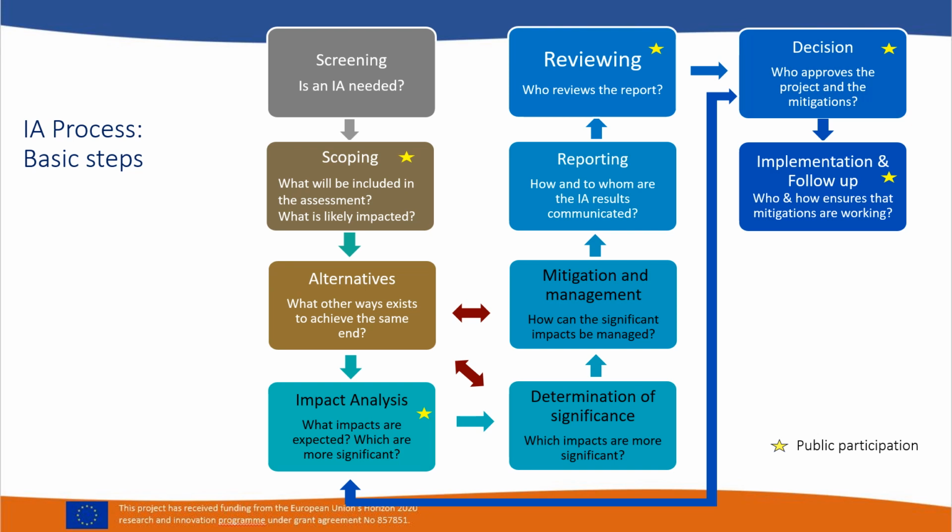Once there is a preliminary identification of impacts that need to be included in the scoping, the next step is the analysis of impacts. And the purpose of this step is to determine what impacts are expected in more detail, but also which ones are negative and significant.